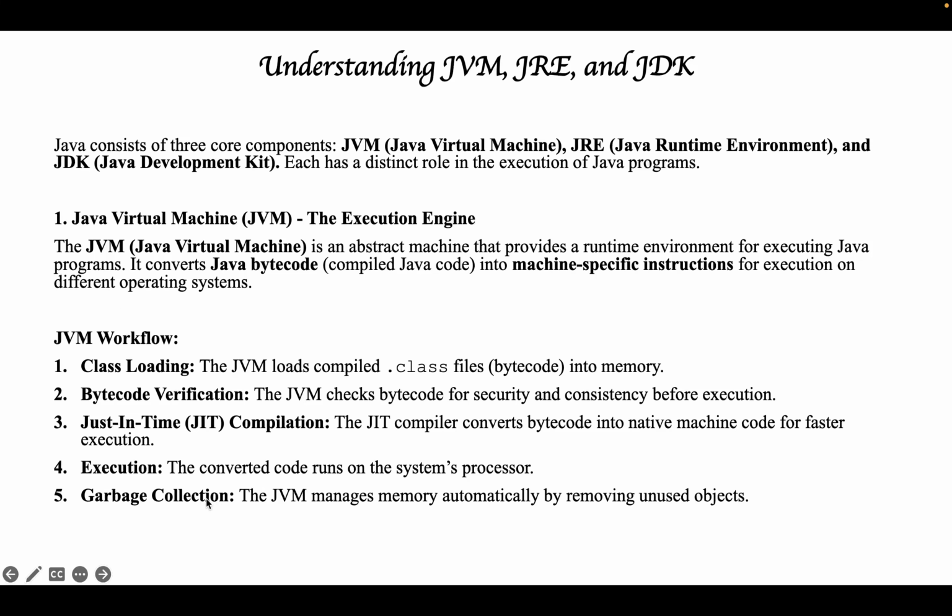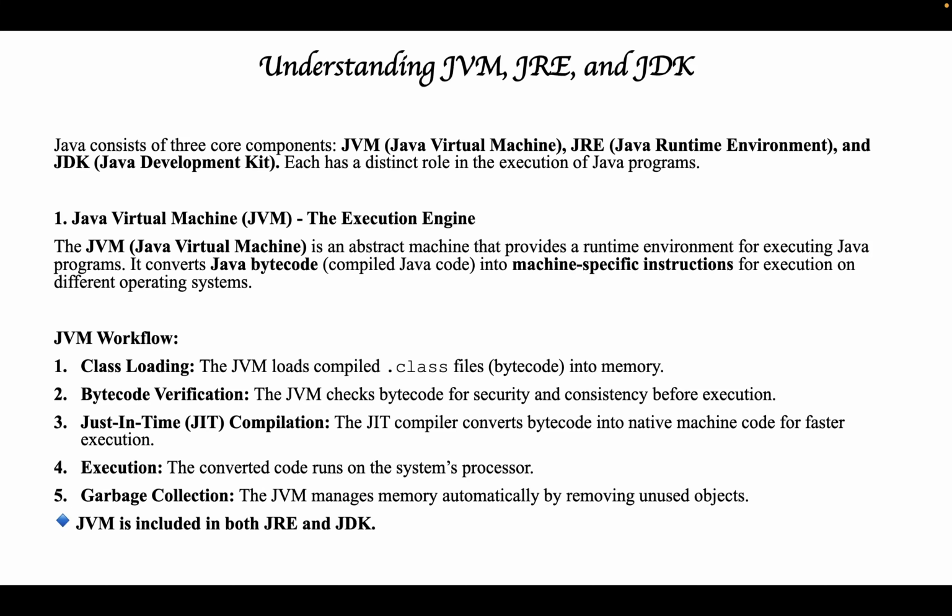The JVM manages memory automatically. What does this mean? You don't need to write any code in your source code, like in C, to remove unused objects. Okay, JVM is included in both JRE and JDK.